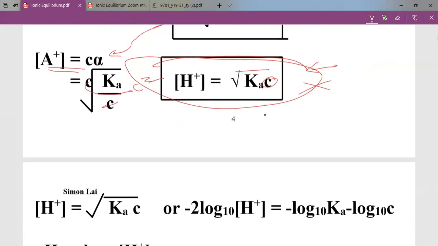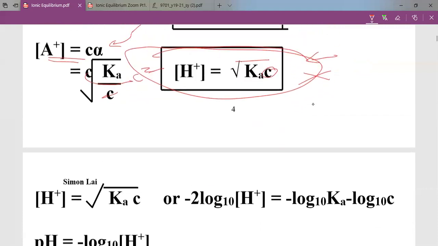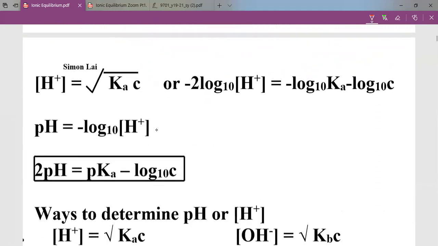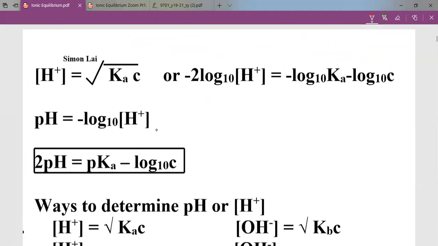Now, the other derivative equation, which is also good to remember, is this one here. Remember this is the one here. I can square both sides, square here, and square here. So the root has gone, right? So I get [H+]^2 equals Ka times C. So I log both sides, minus log both sides.